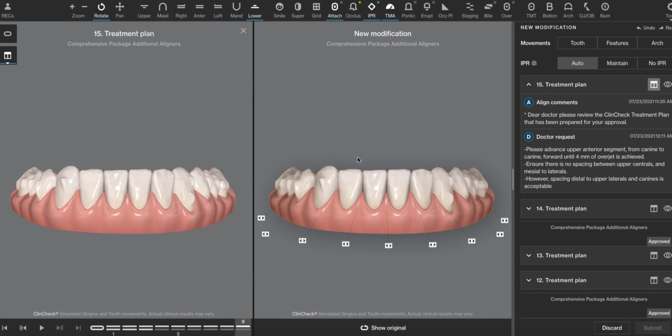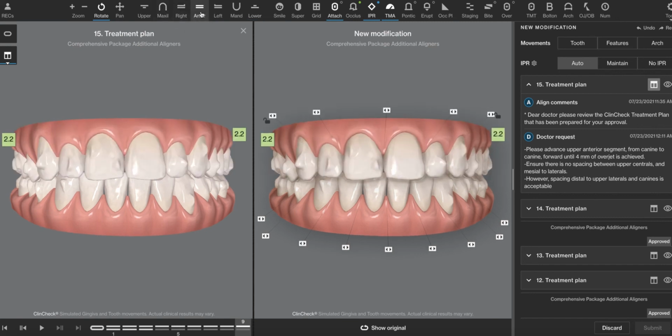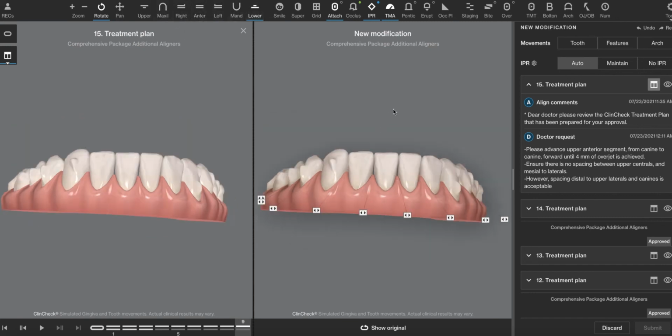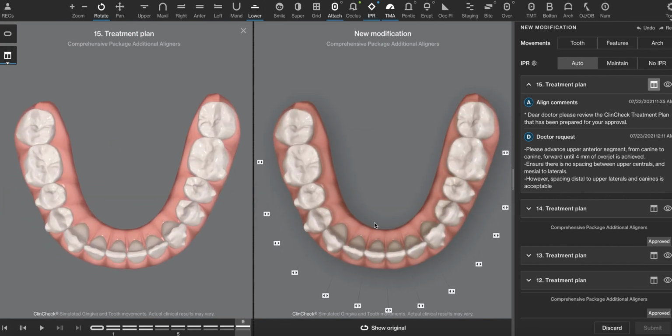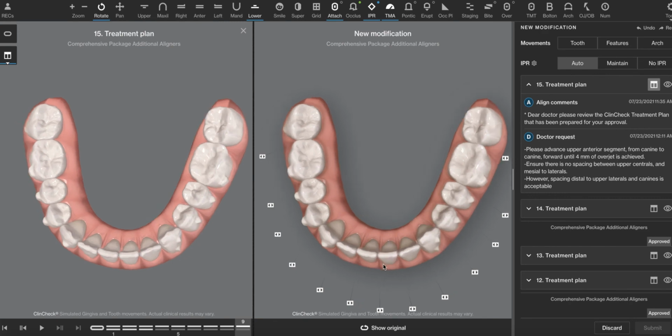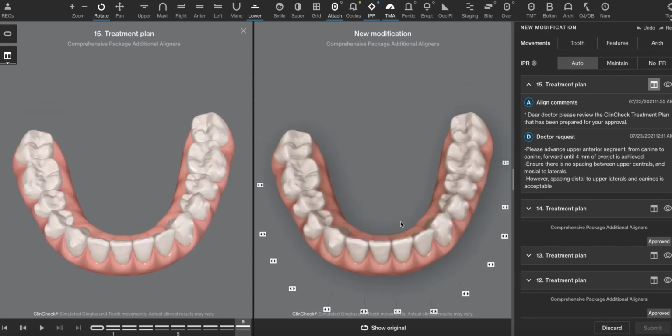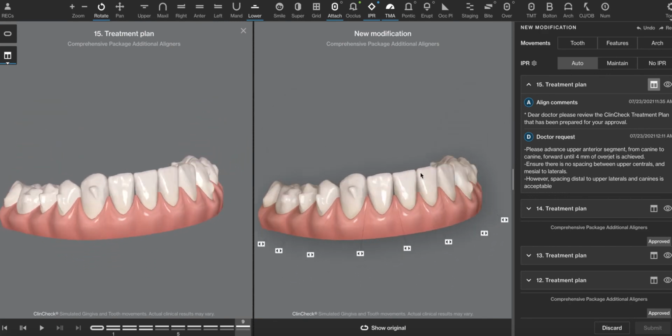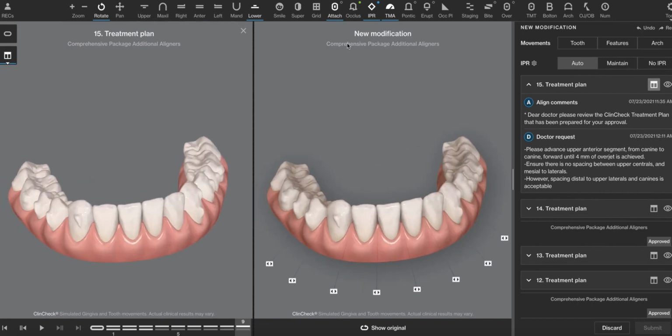Typically, intruding the lower 3 to 3 is a good idea for a patient with a deep bite. She doesn't necessarily have a deep bite, so I don't think we need to do anything there. I would just say have the number of trays be equal, and I bet you'll have a nice perfect outcome here on the lower.